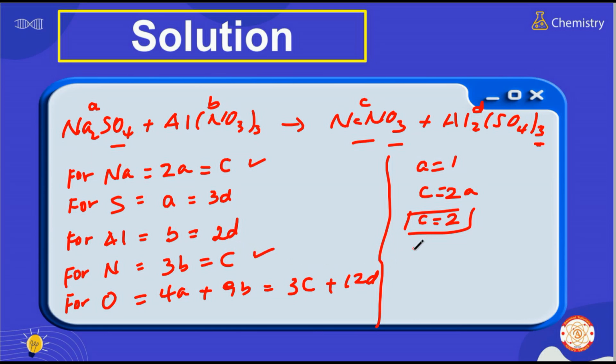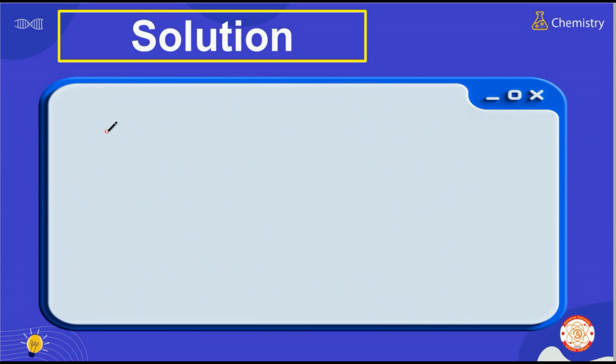Let's take this. 2B equals C. C is 2, right? So 2B equals 2, divide by 2 over 2. And this is equal to 1. So B is 1. So I'm going to take this. B equals 2D, right?